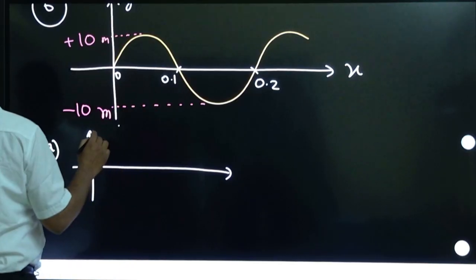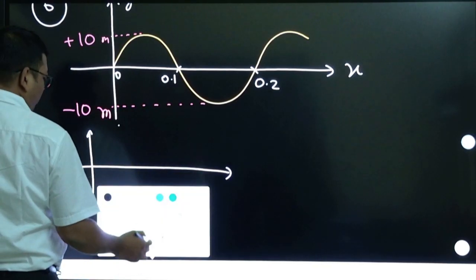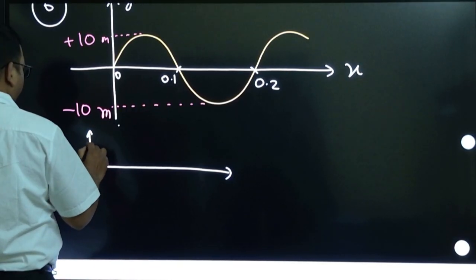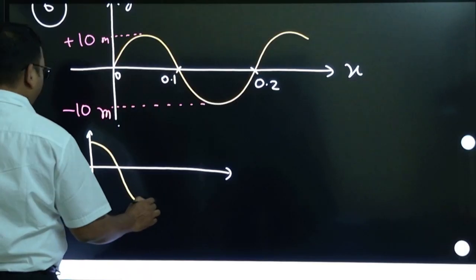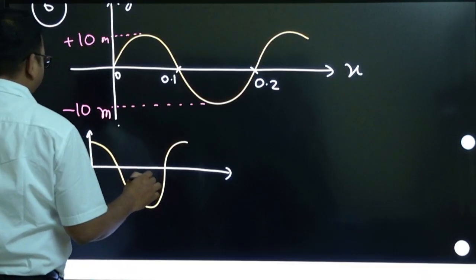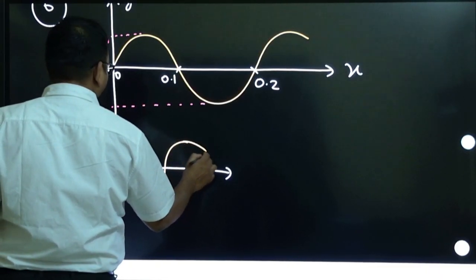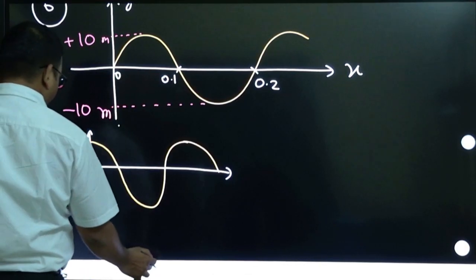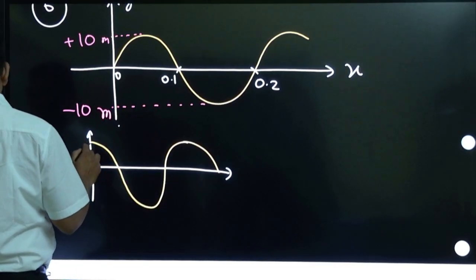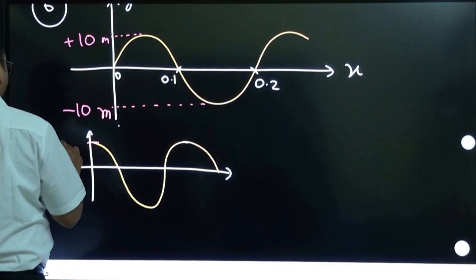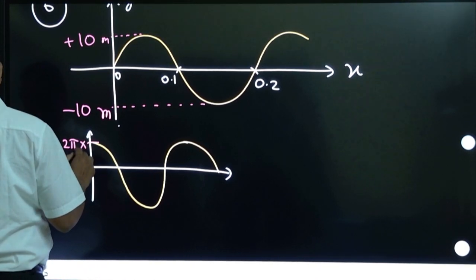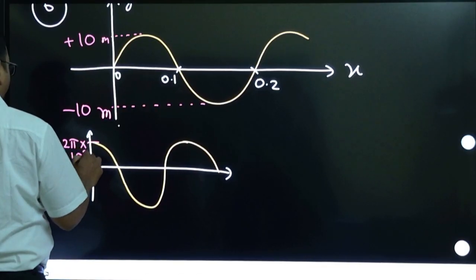Okay, and in the pressure wave, the graph is given like this. Now I think you will be able to figure out what type of graph it will be. This is the first graph. The values here are 2 pi into 10 to the power 2.